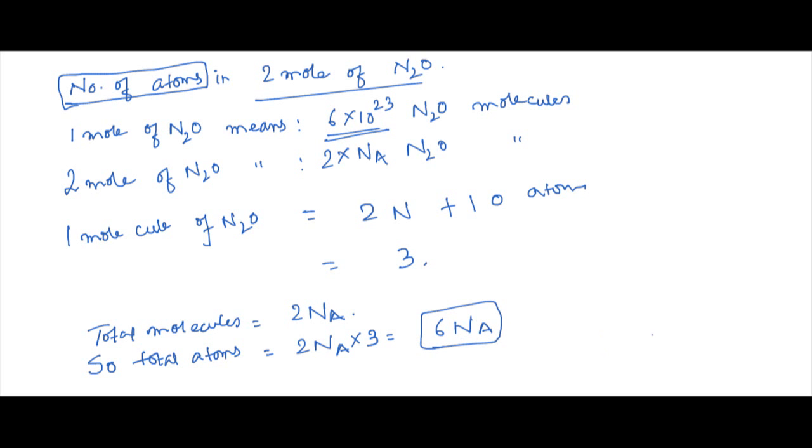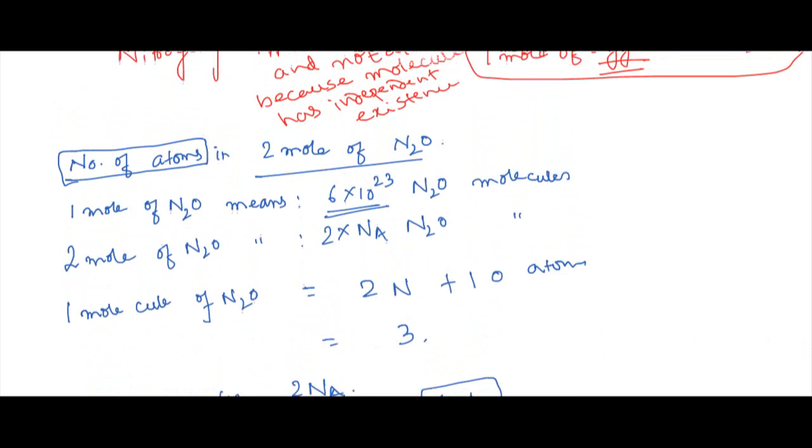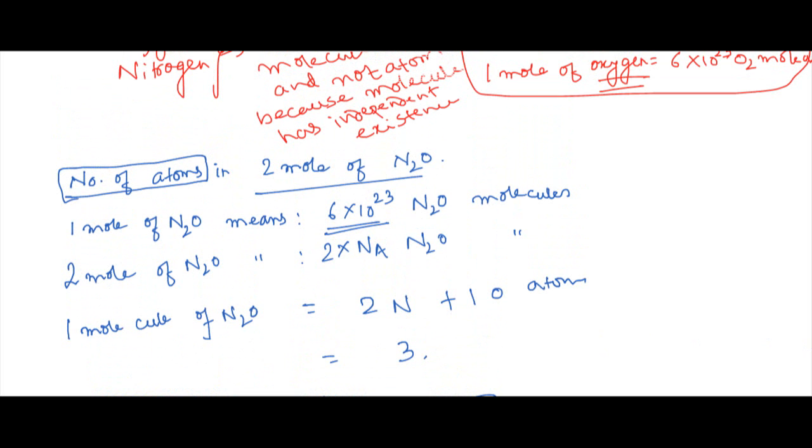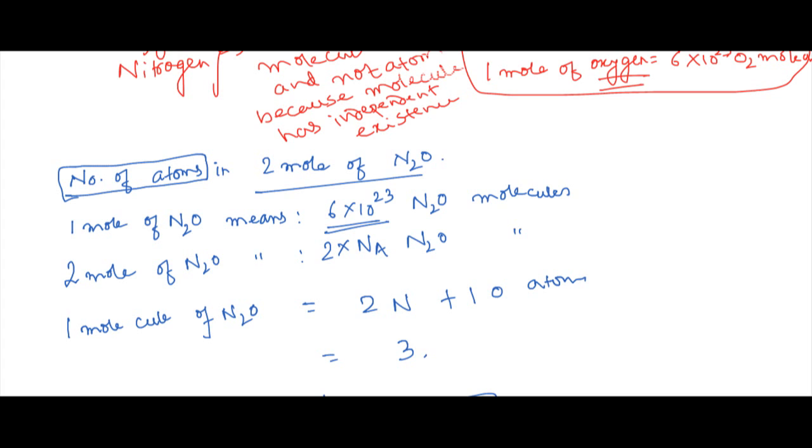So now we reach the answer. What we have applied as the concept is simple Avogadro's number concept and nothing else. So this was our first concept that has to be used while solving problems of the mole concept.